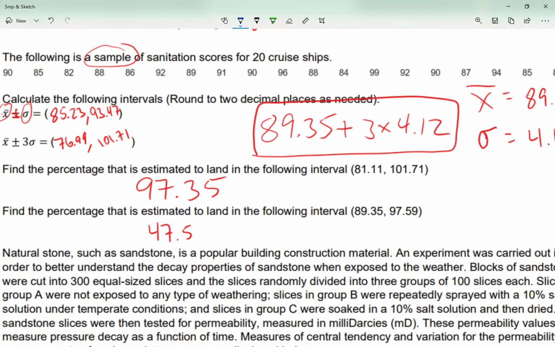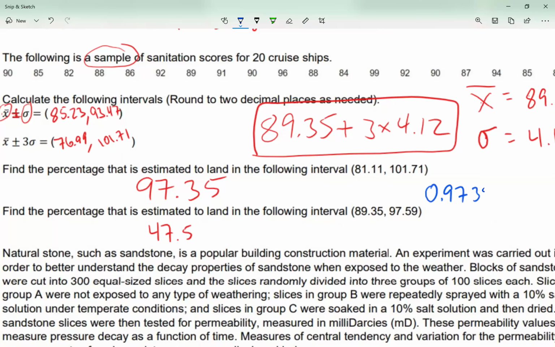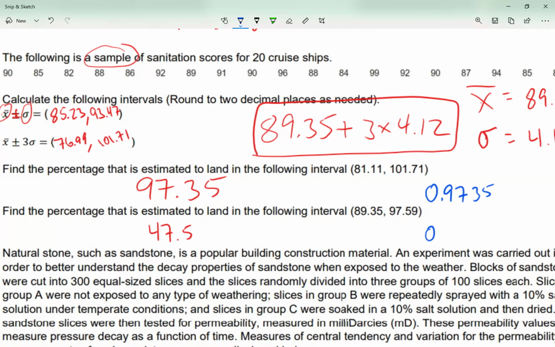Now, probability is the percentage written as a decimal because percent means for every 100. What I'm going to do is write this number as a decimal over 100. So I'm going to go 97.35 divided by 100. It will give me 0.9735. The second number, 47.5 divided by 100, is going to give me 0.475.